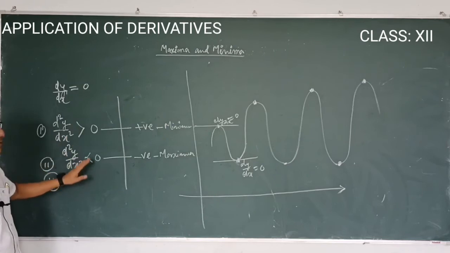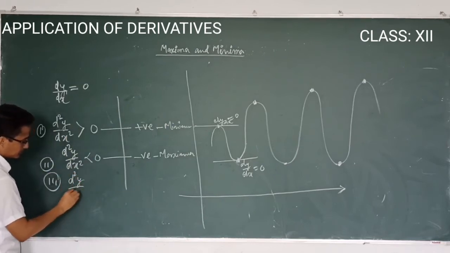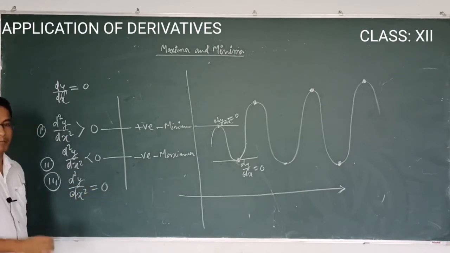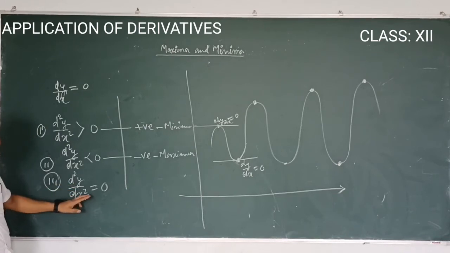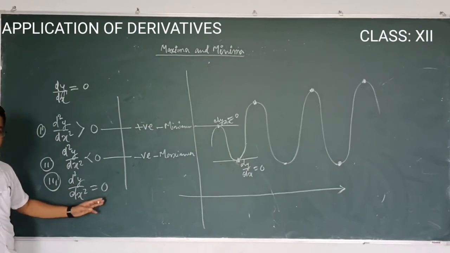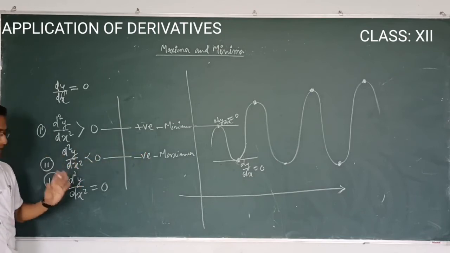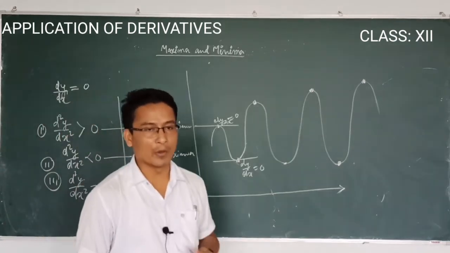So there is one question that arises. If this is one condition, this is two condition, number three condition, and we do not get one of these two, maybe we will get d²y/dx² equal to 0.